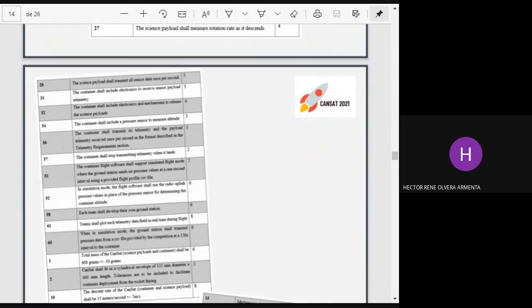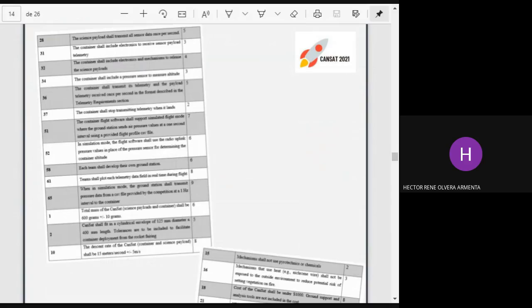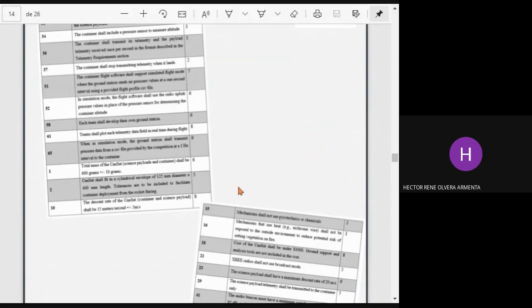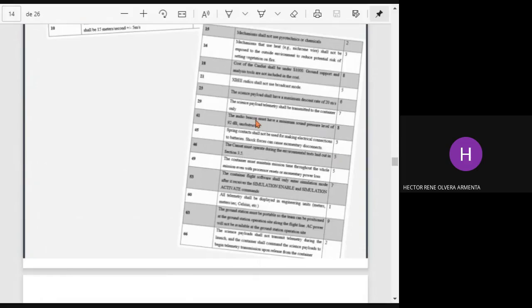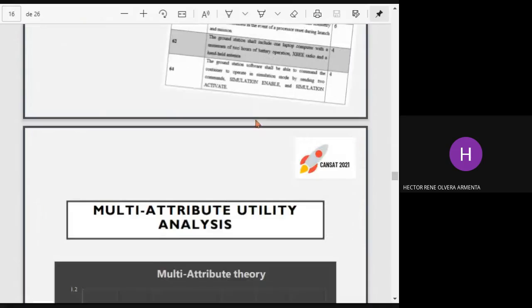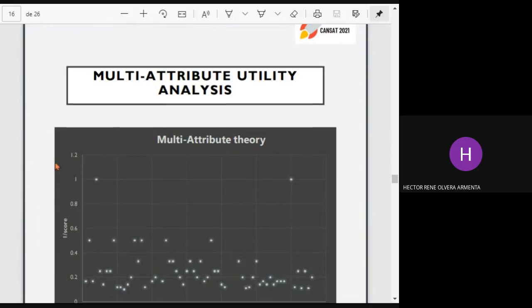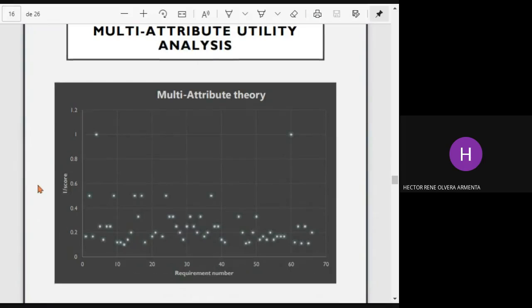As we can see, there are many of them with different scores between 1 and 10, every single one of them. And here we have a graphic. What it means is that when a requirement is closer to the number 1, it will be easier to achieve.